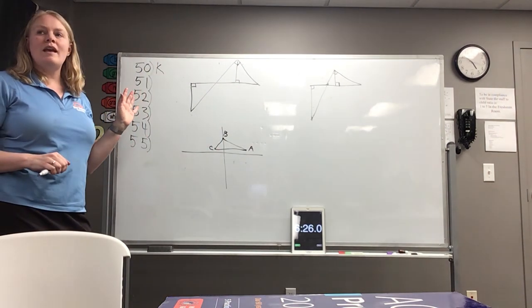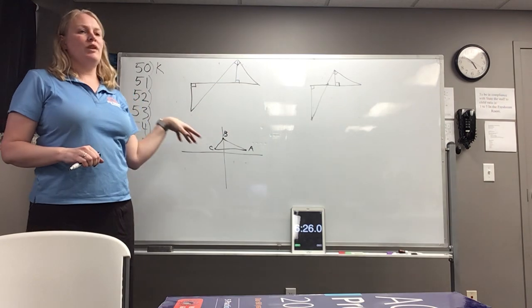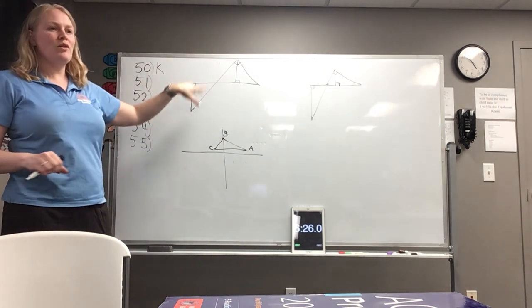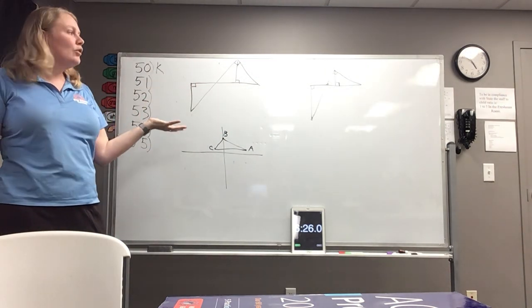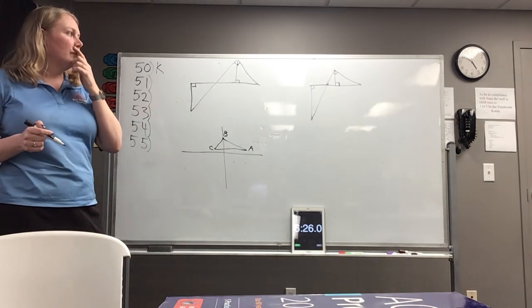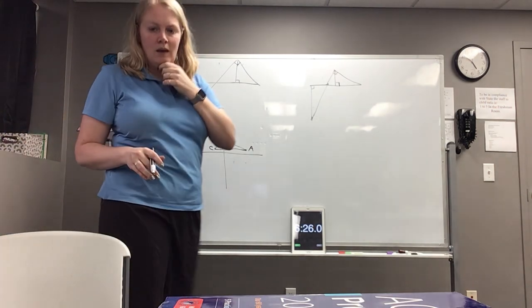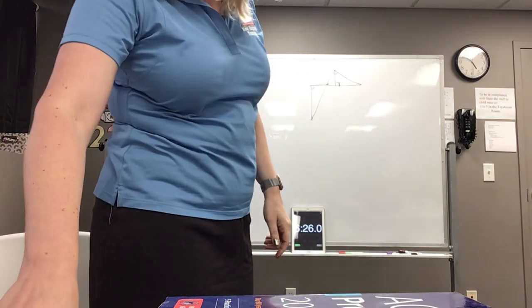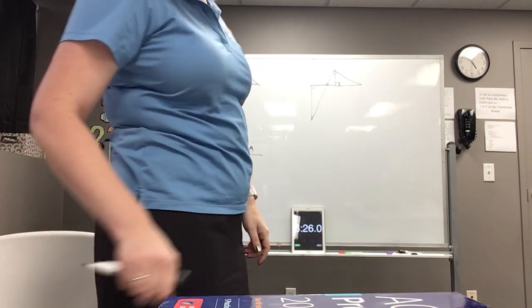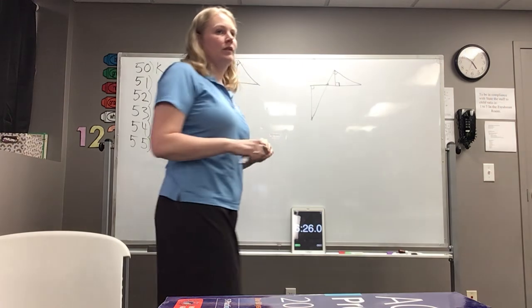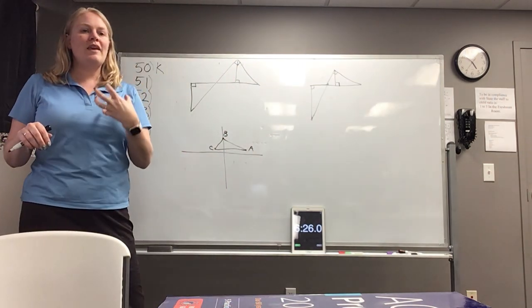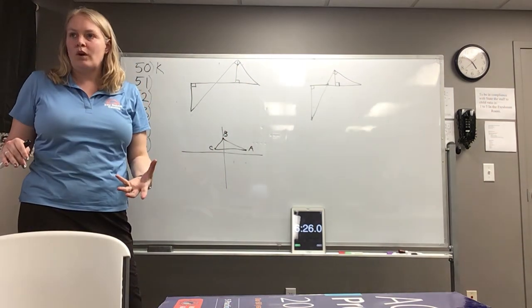In the drawing they gave you, everything is pretty. Everything is this beautiful, everything looks the same, all is well. But if we look at the drawing, the only things that we have are these right angles. That's the only thing that we are given to work with.